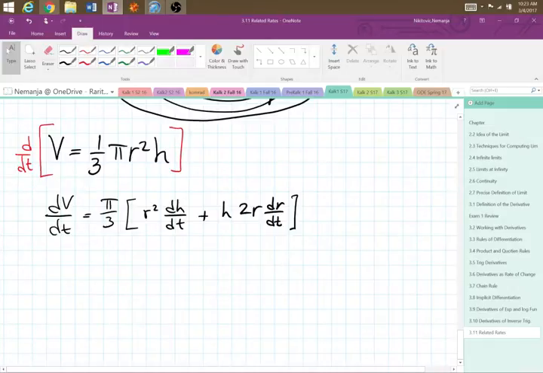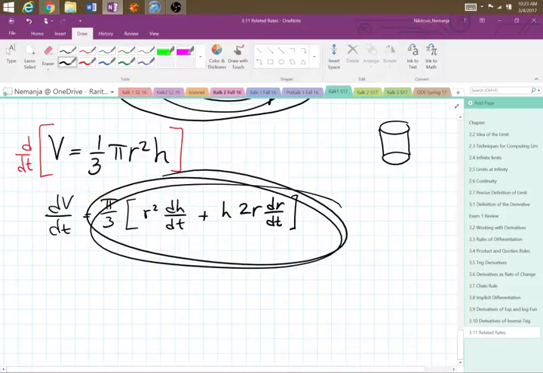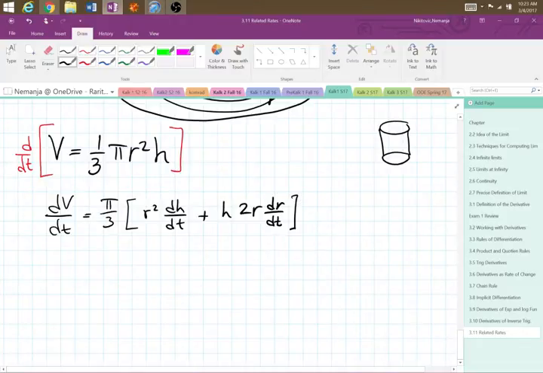Now, I'll just put as a side note here. If this was a cylinder, if sand is to fall onto a cylinder, which you can actually have, because you can have a silo and you put the corn into it from the top. A silo is a cylinder. This equation would not look like this, because the radius is constant, in which case for the derivative you would copy pi r squared and you would just have dh/dt, because as you put the corn here, the only thing that's changing is the height.